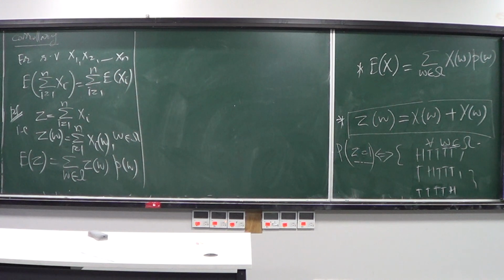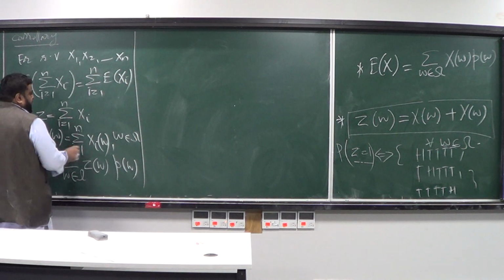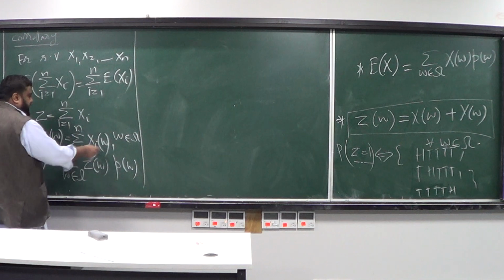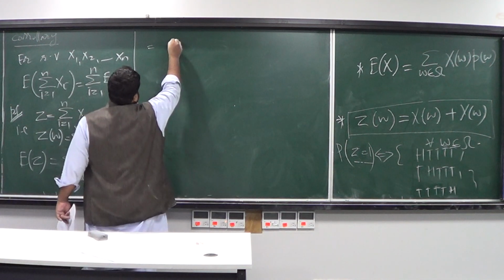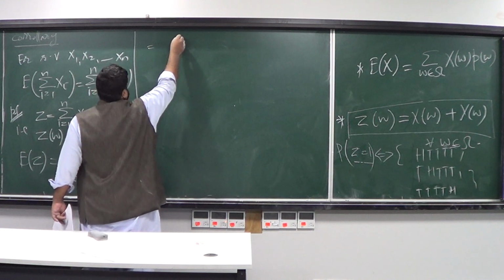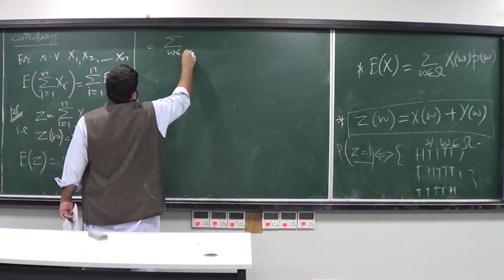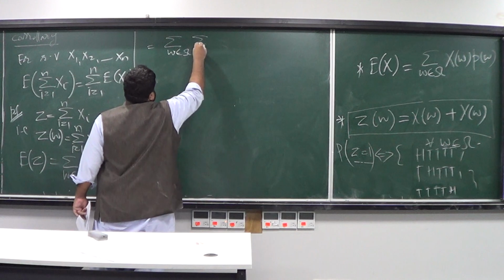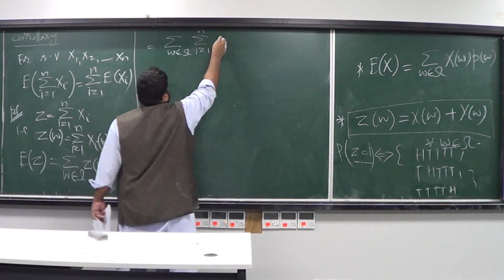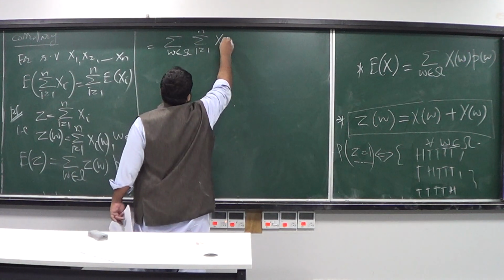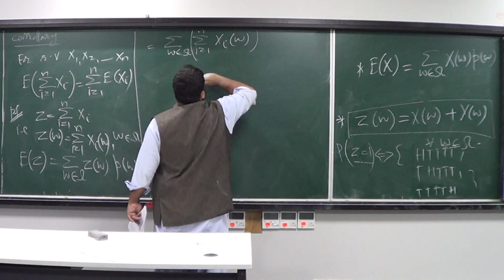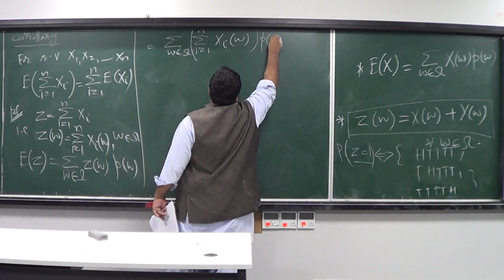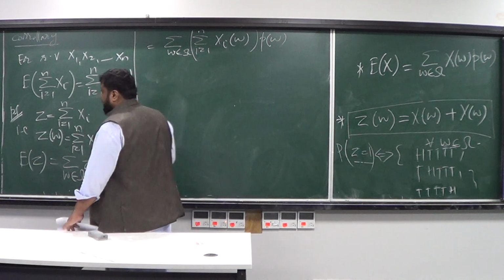But the Z of omega is the sum of these Xi's of omega. So I can rewrite this expression as the sum over omega in Omega and the sum from i equal to 1 to n of Xi of omega multiplied by the P of omega. This is what it is going to be.